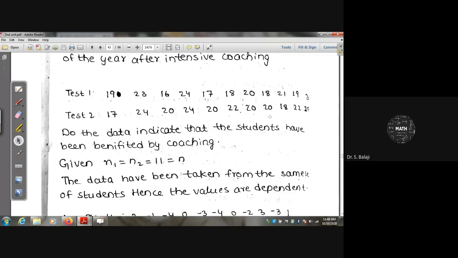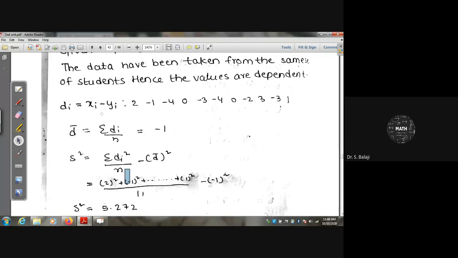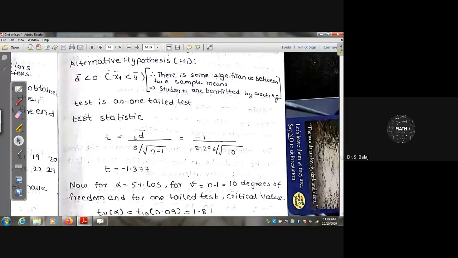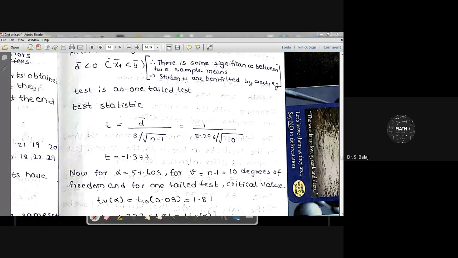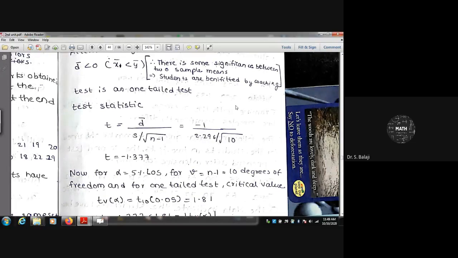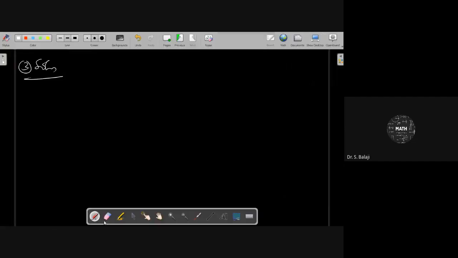Therefore, you can adopt the third test statistic with d bar calculated from the deviation between xi and yi. These are the test statistic ideas with the help of three statistics.